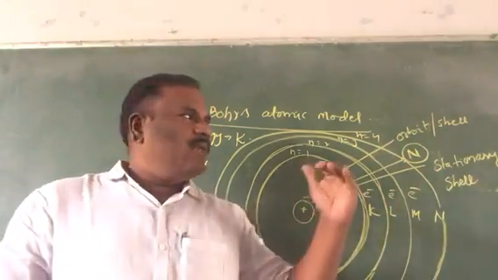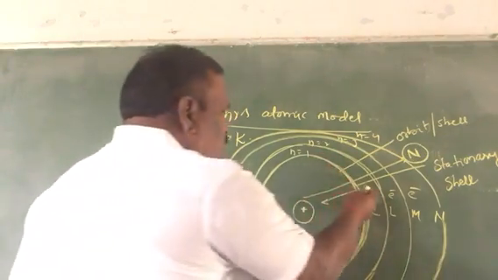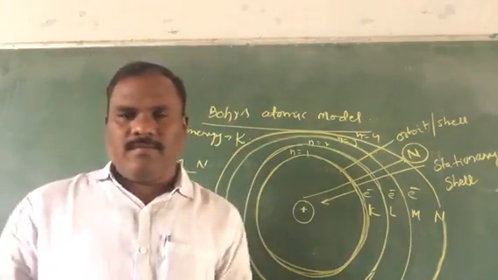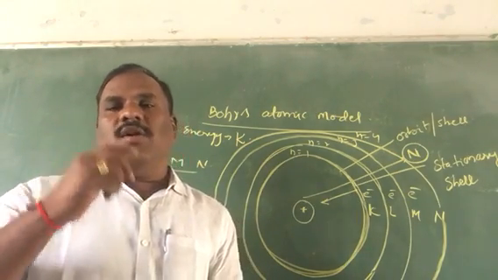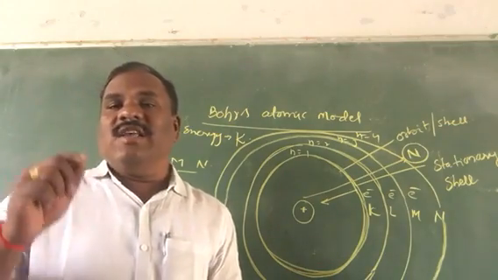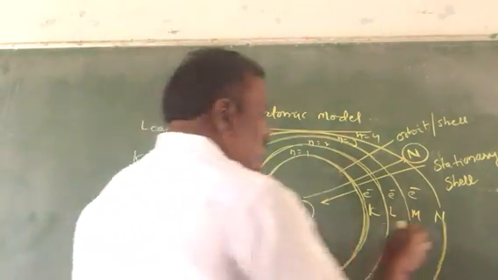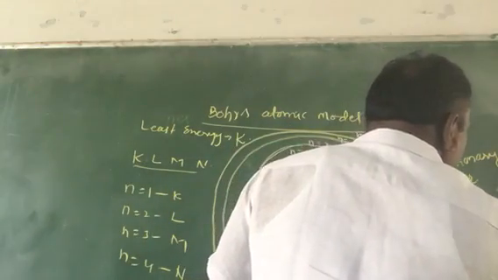Now, whenever the electron jumps from a higher energy level to a lower energy level, the energy is released. That is, E2 minus E1 equals h nu.